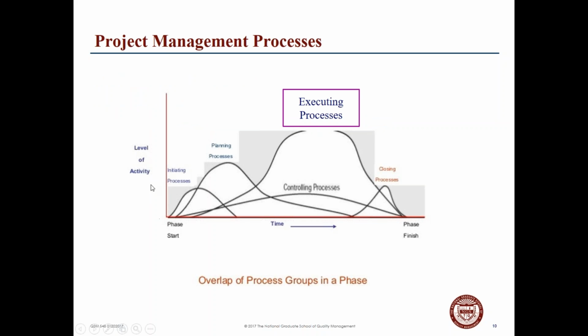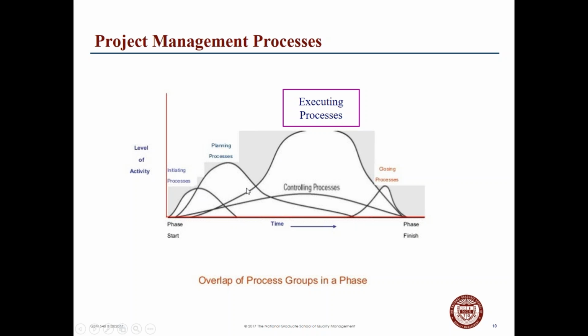When we look at the level of activity here on the vertical axis with respect to the timeline of the project, as we initiate processes, you can see there are various parts of the work effort that need to be done. Then we begin the planning phase.